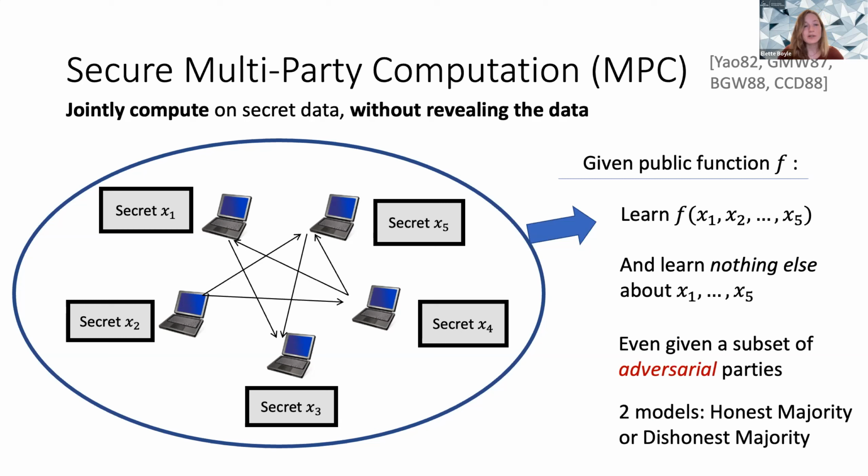So a little bit more concretely here, what is the adversarial model that's considered? There's an entire spectrum of different things. But roughly, there are two main categories of settings that lead to very different structures and types of protocols. And that has to do with whether you assume there's a majority of these parties who are acting honestly or not.